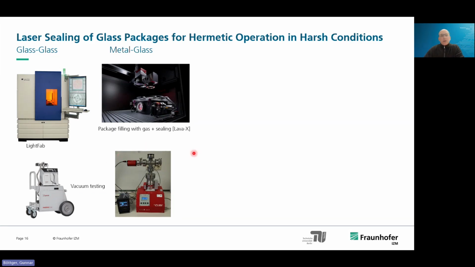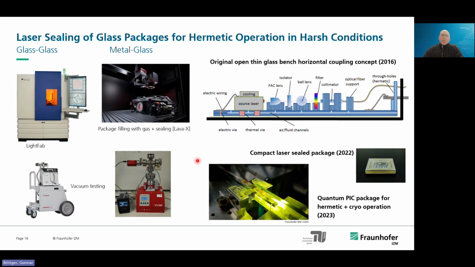We can also fill with gas, and that way our original sketch that we had at some point 10 years back, creating an optical system in thin glass, really took a more modern shape. It got flatter, yes, and we did hermetic packages, so we closed up the packages for hermetic operation.